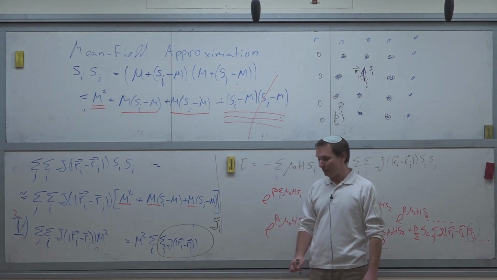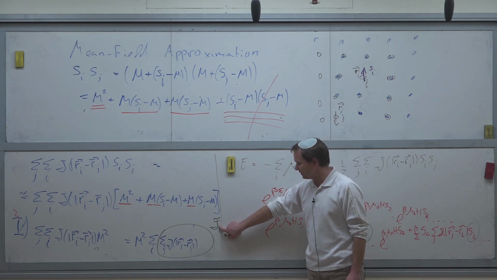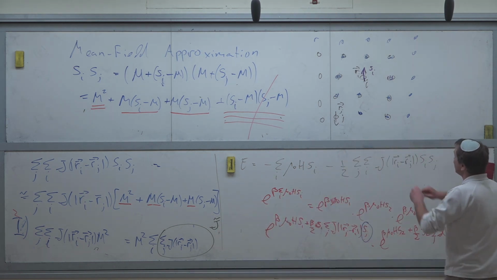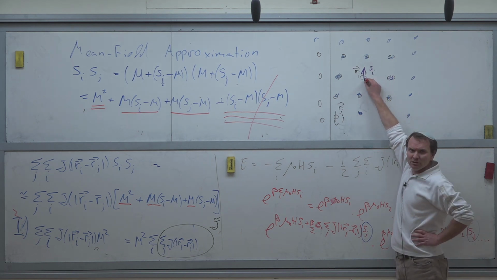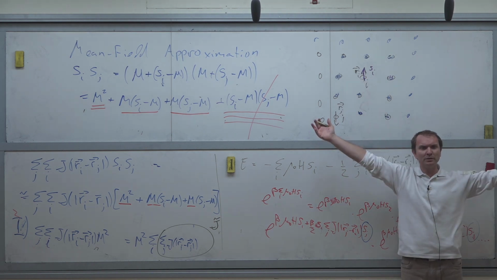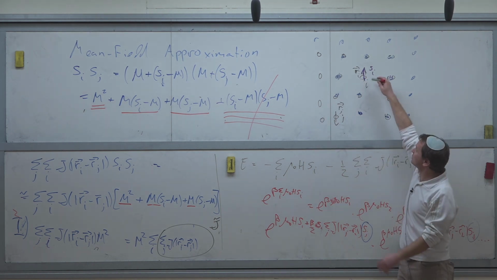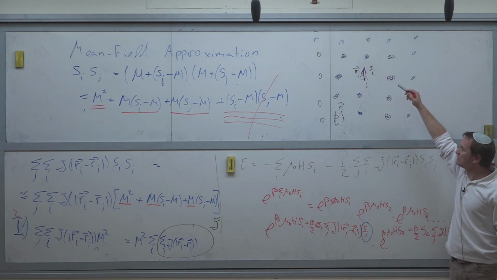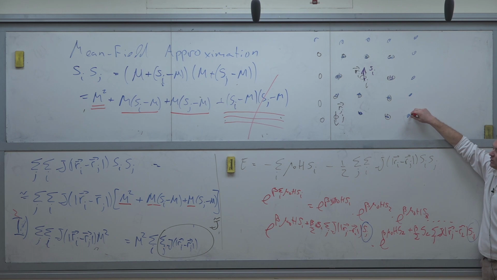Because I'm assuming that my system is extremely large, and it doesn't matter what the center of my system is, because it's macroscopically large. If I start from here and sum over everybody, it won't change if I start my summation from another direction.